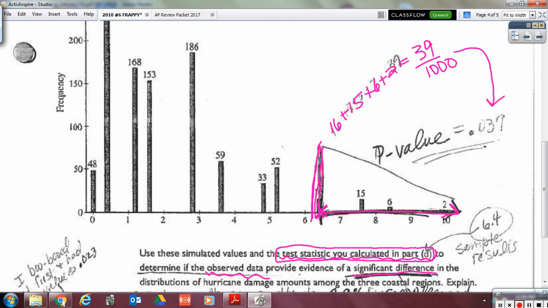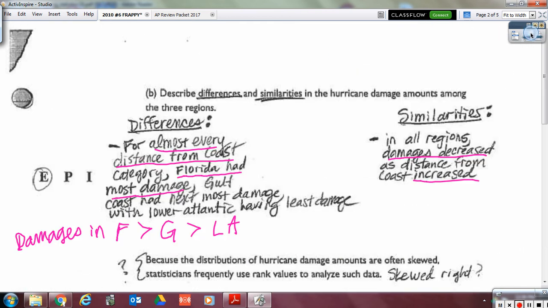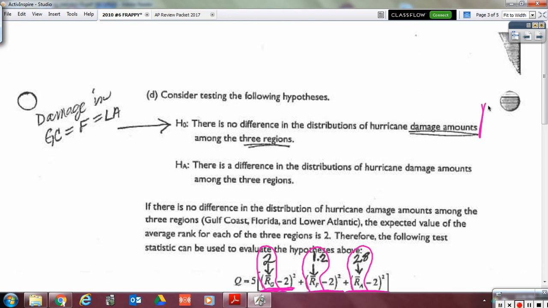Therefore, my p-value, the probability of getting my sample results of 6.4 or something more extreme was 0.039. So was my sample unusual? My 6.4 was unusual? Yes. What would an unusual sample make me do? Reject this null hypothesis right here.